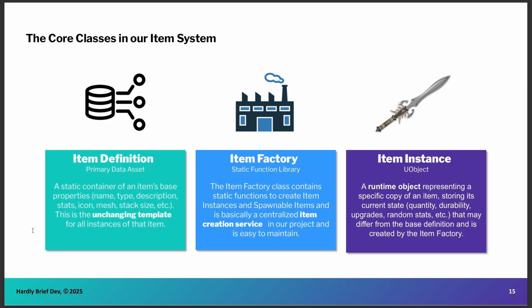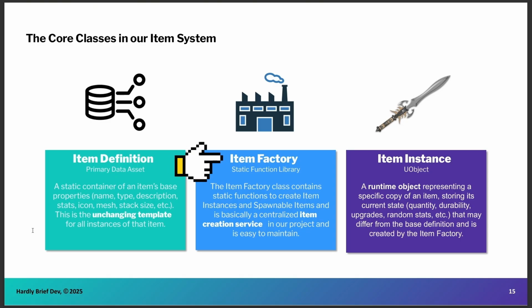It can have an icon, a mesh, the maximum stack size. It's really up to you, but this is basically an unchanging template of what all of our items will be based on. And the way we're going to structure our item definition, we'll be able to support multiple different item types going forward, but at the core, they have all this base information.